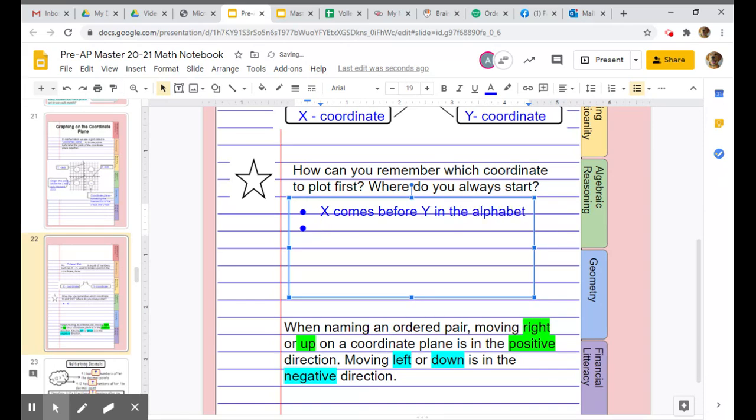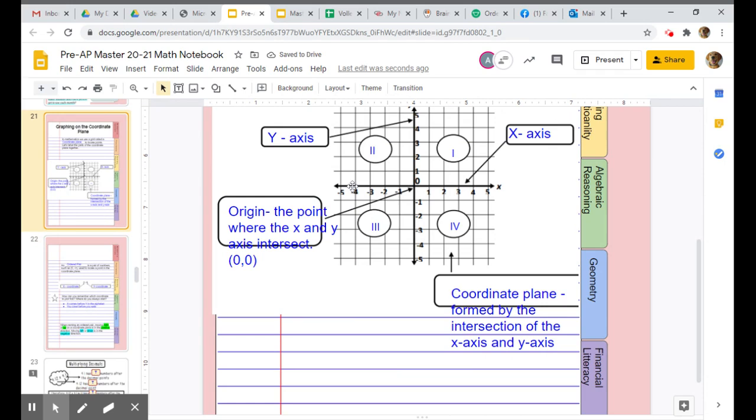We can also say that you crawl before you walk. What this means is if we look back at our graph, your x-axis is here, so we're going to walk across before we can go up and down.